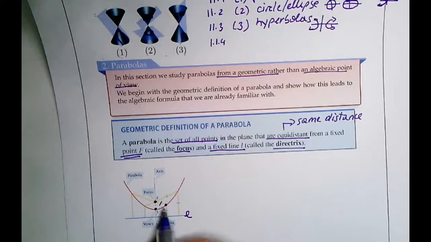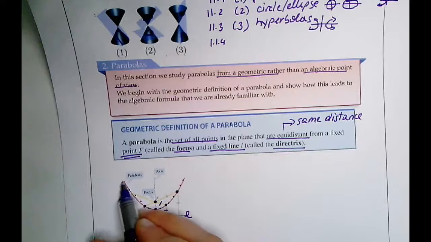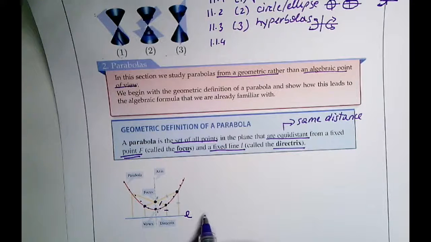Similarly with this point, or another point right here, the distance from it to the focus is equal to the distance from it to the line. So all of these points that are at the same distance to the focus and to this line L form a parabola. Geometrically, that's what a parabola is.